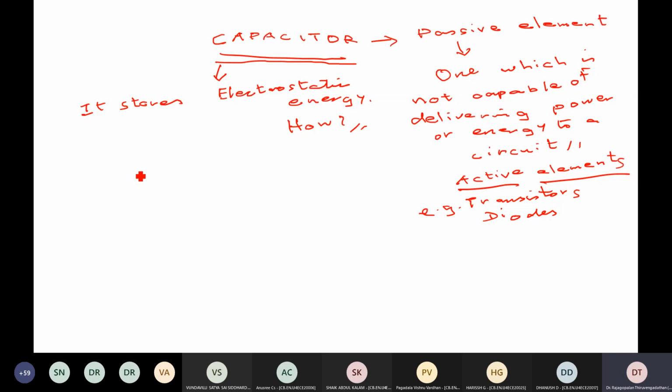So the geometry of a capacitor consists of the well-known geometry. Of course, we can have different geometries, but the well-known geometry that we know is what is called the parallel plate capacitor.